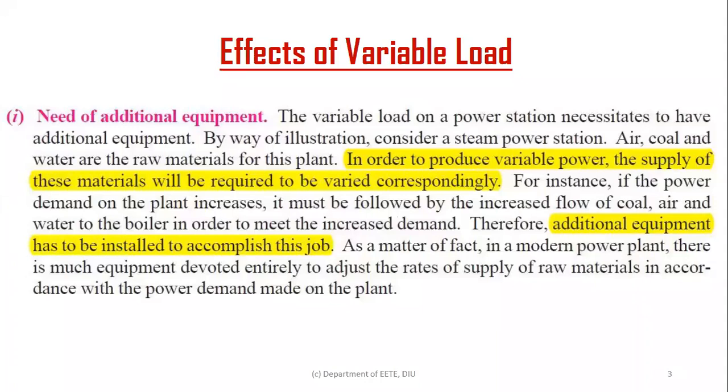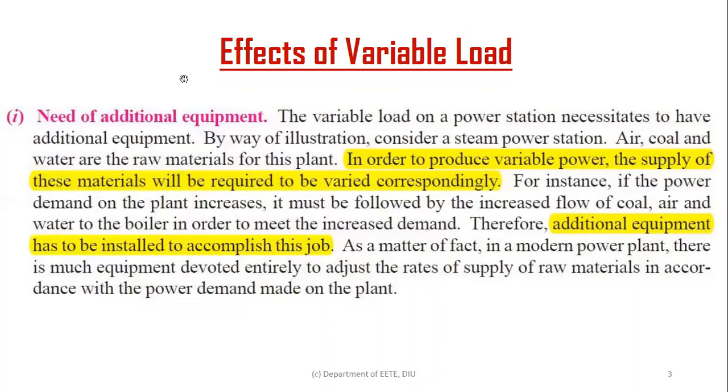One equipment is known as the governor. The governor basically maintains the amount of steam that will be provided to the steam turbine. So these are the extra equipment needed. Okay, that's why it's a kind of drawback. It is mentioned that in order to produce variable power, the supply of these materials will be required to vary correspondingly.